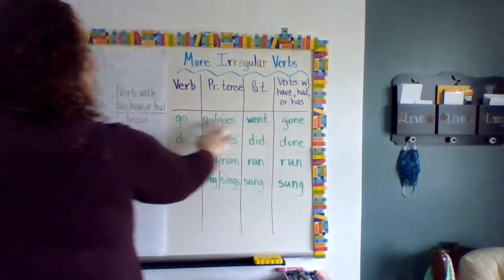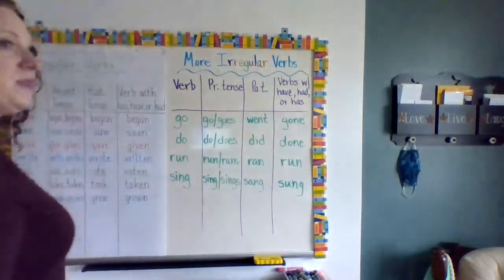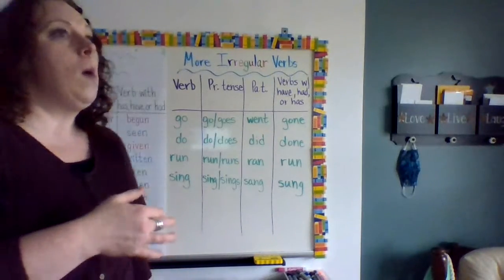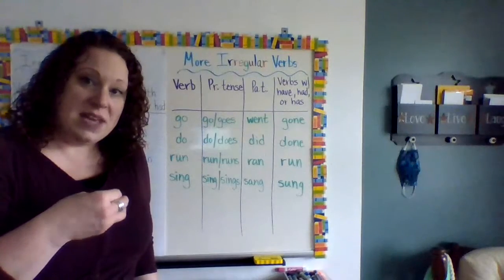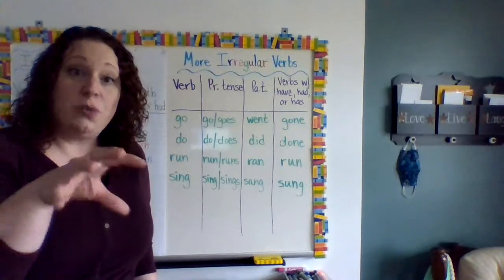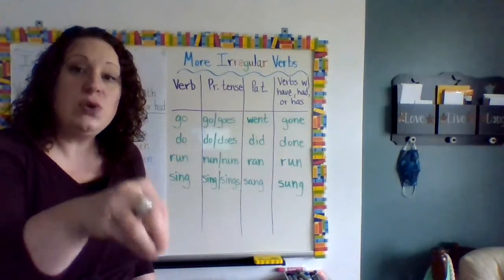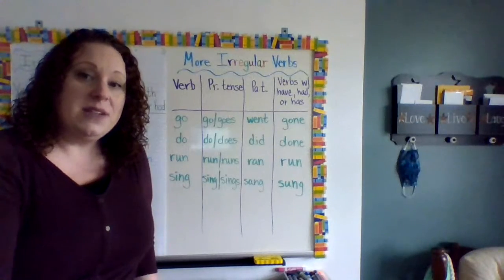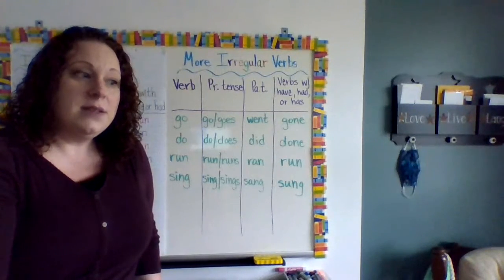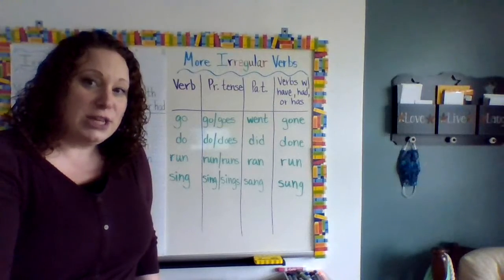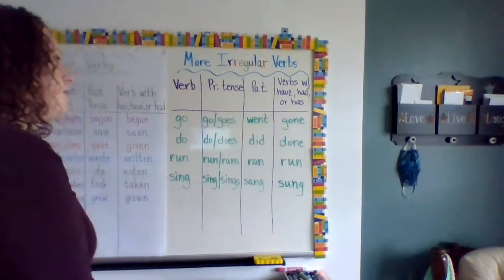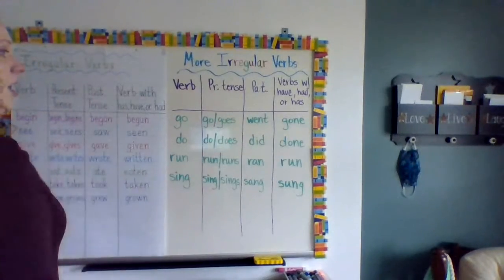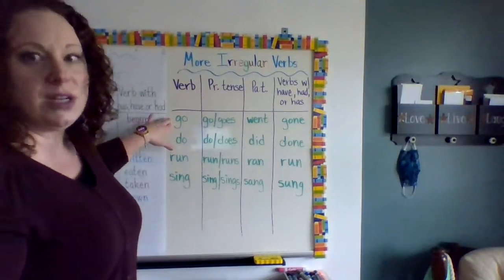So see the different forms of go, and you have to just think about how the sentence is being read, how it's being used in that sentence, to determine it. This is just something you have to eventually learn, and you'll get lots of practice when you get to 4th and 5th grade. This is just an introduction, and I'm sure that you had a basic introduction last year.